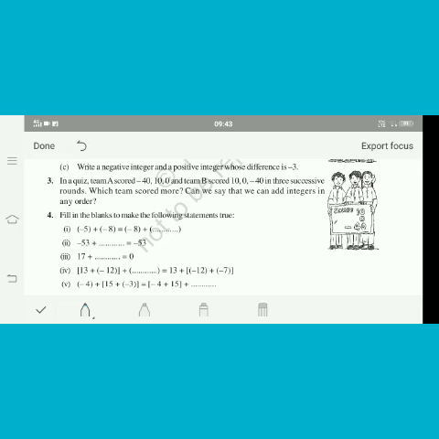Before also we have done the same one, question number 1 C part. You can get the answers from there. You see, question number 1 C, the answer will come out directly. In the C part what we have done is minus 5 plus 5, which gives us 0.